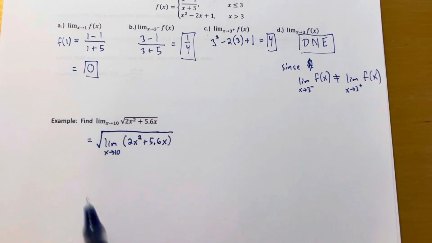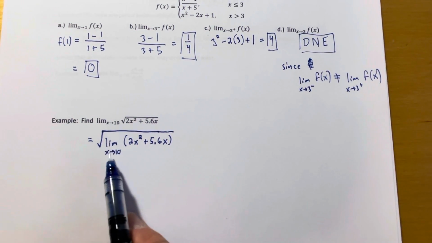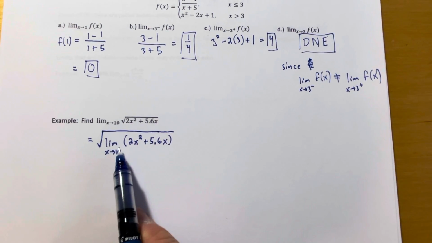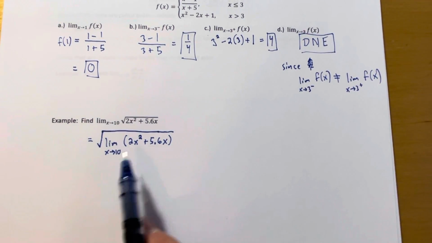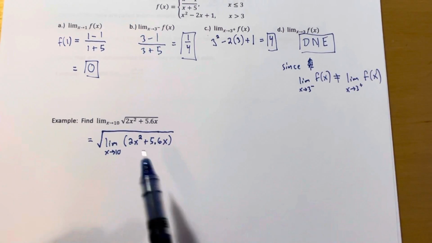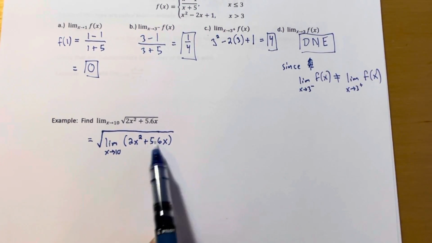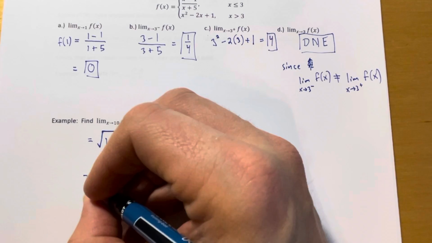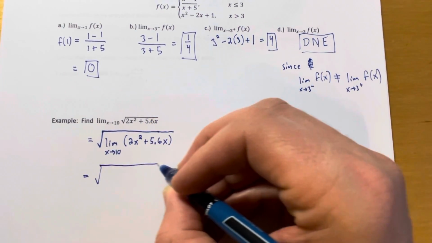Okay, but now if I look at what's inside the radical, I'm taking the limit of a polynomial now. And once we're here, I can see, oh yeah, I can just do direct substitution since that's a polynomial. So here is where we get to just plug a 10 in.